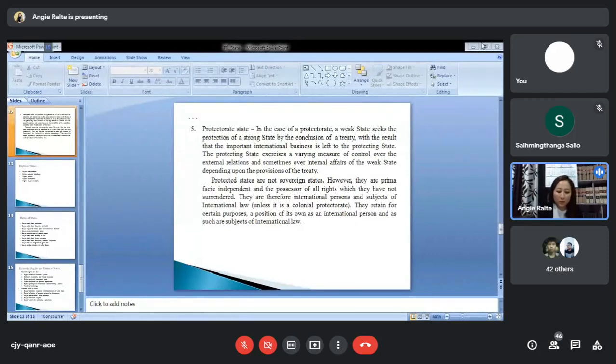So the terms of the treaty are important here also. Okay, the protecting state and the protected state: the weak state, especially in external affairs like the matter of defense, comes under the protection of the more stronger state.